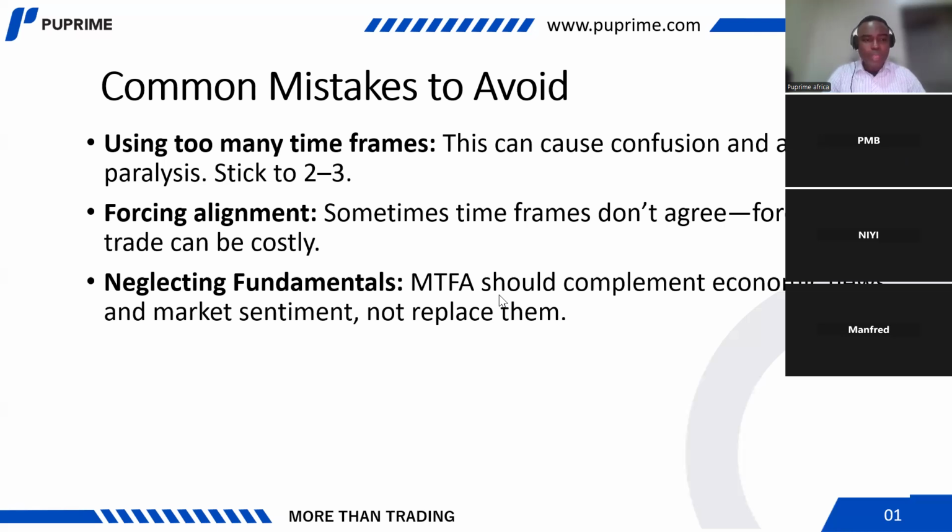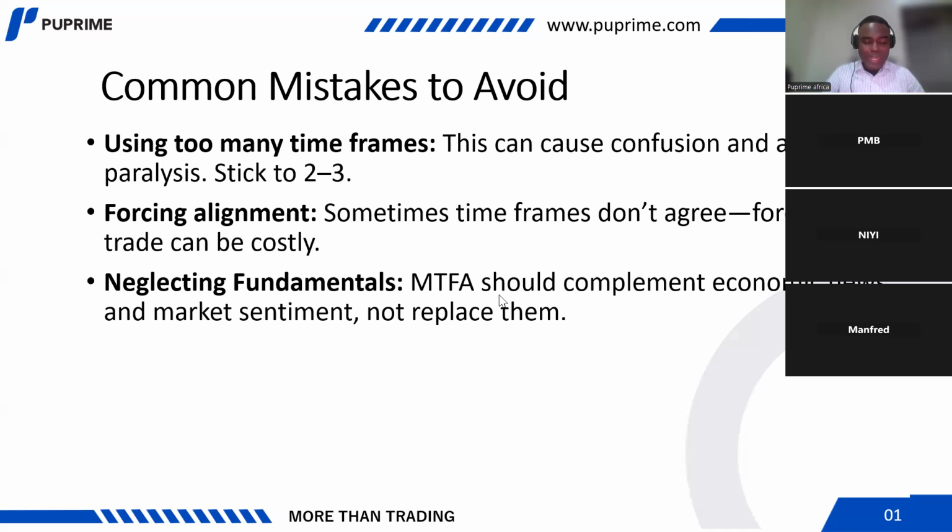The third mistake people make is neglecting fundamentals. Multiple time frame analysis should complement economic news and market sentiment, not replace them. Just because your multiple time frame analysis is correct does not mean you should neglect fundamental events.